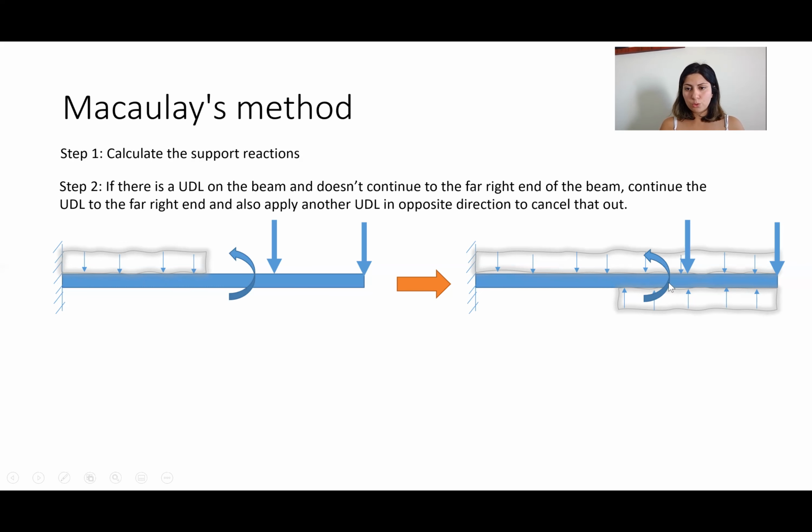If we don't use this, that would be a bit too time consuming and you need to do a lot of calculations. But for avoiding that, it is required to continue the UDL to the end of the beam and then apply another UDL in opposite direction and equal value to cancel that out.